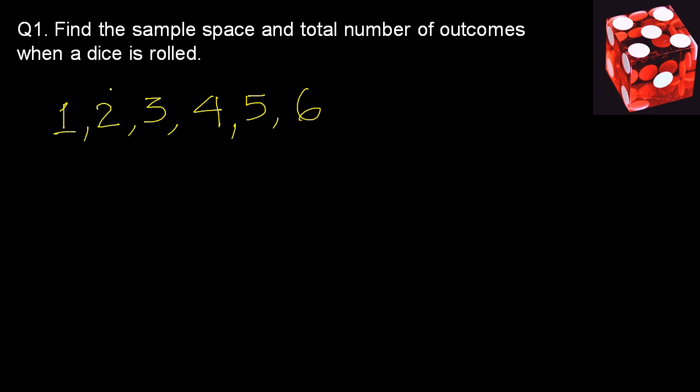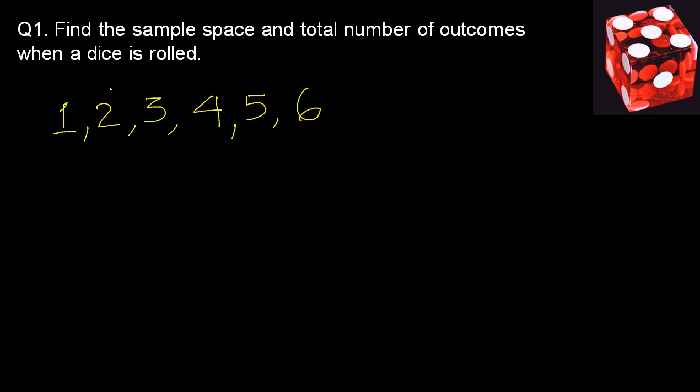No, right? You can never get 0, you can never get 7, you can never get 1 and 2, you can never get 3 and 4, you can never get 2 and 5. Why I'm giving you so many options is that sometimes you might think, can't it happen? Are there only 6 outcomes? Sometimes that kind of confusion comes.